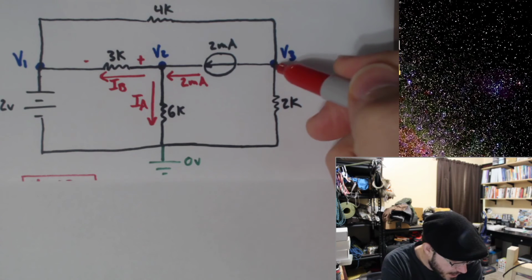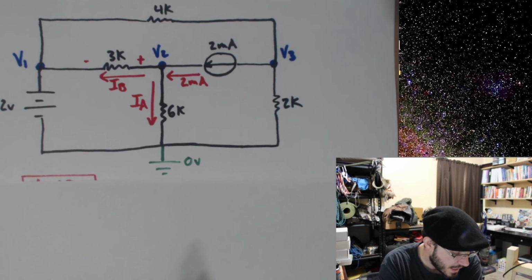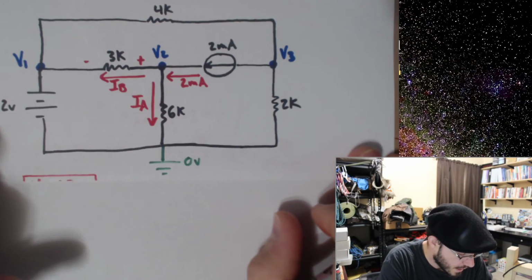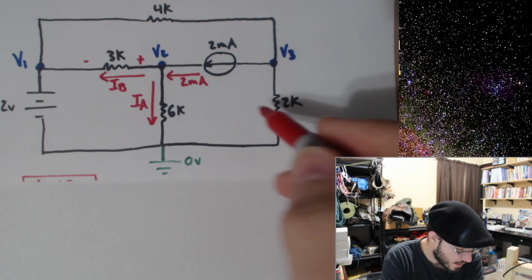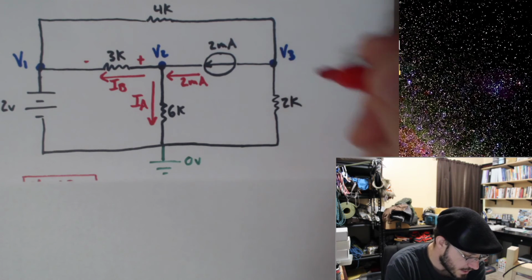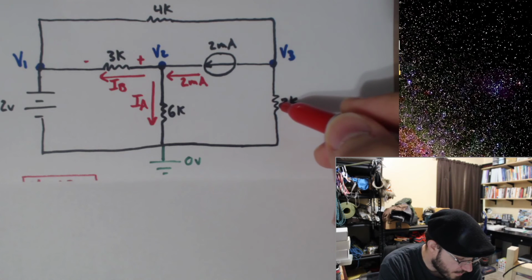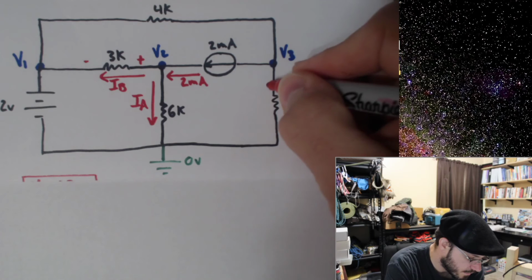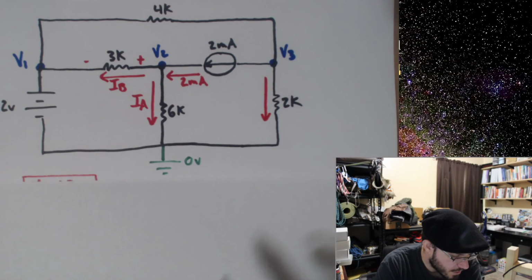To do this, I'm going to have to draw in some currents. I'm going to try to make the currents make sense to me, and keep it as consistent as possible with how I've already picked them, for the sake of making easier equations here. So V3 is over here. I have a 2K, and I have 0 volts on this side. I'll work off the assumption that the voltage is higher at V3.